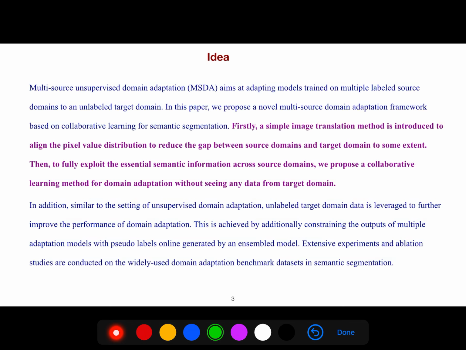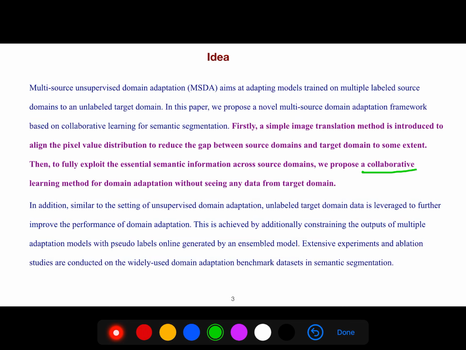Firstly, a simple image translation method is introduced to align the pixel value distribution to reduce the gap between source domains and target domain to some extent. Then, to fully exploit the essential semantic information across source domains, we propose a collaborative learning method for domain adaptation without seeing any data from target domain.